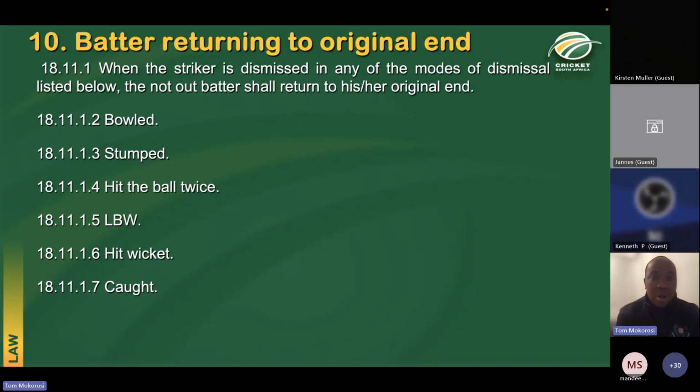But if it's in the same over, batters will not cross, or their crossing will be ignored. That will always be the case when a catch is taken and the new batter will be on strike if the next ball is in the same over.